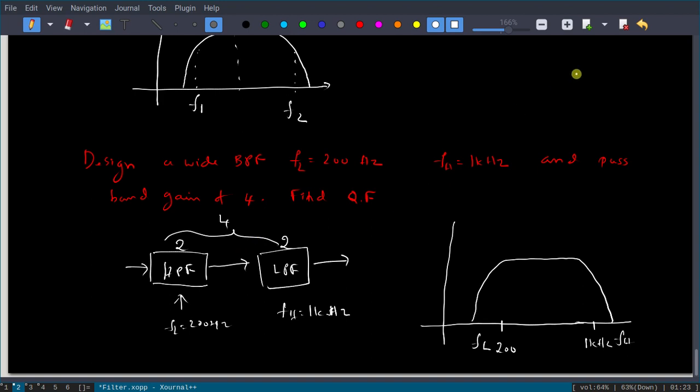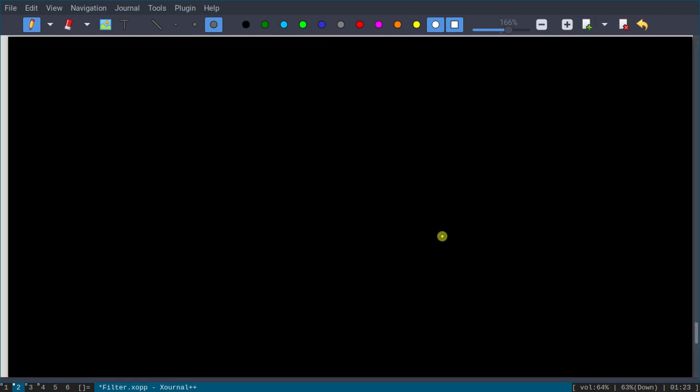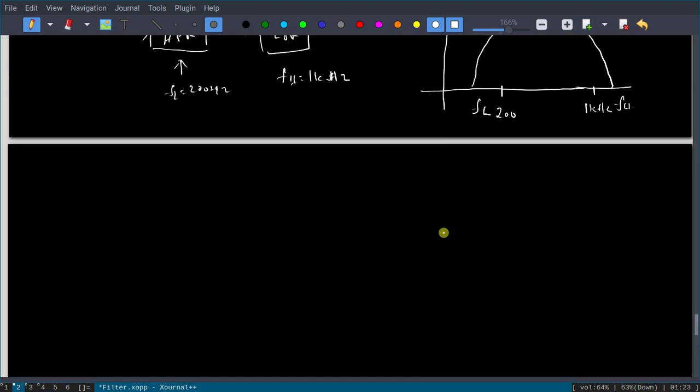Okay, let us design first a high pass filter. FL is 200. So we know how to do that.